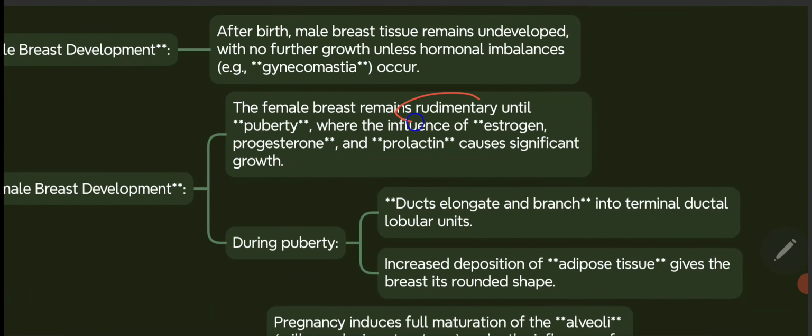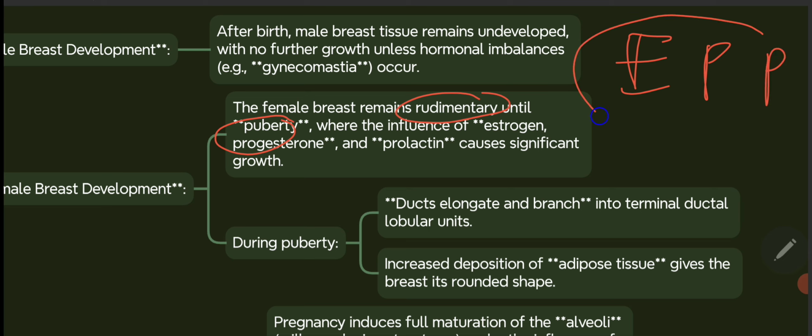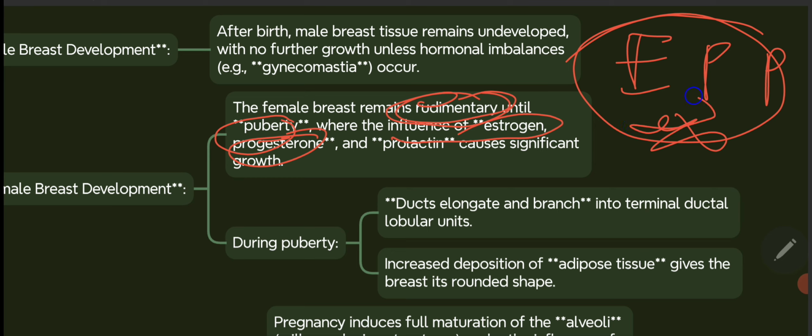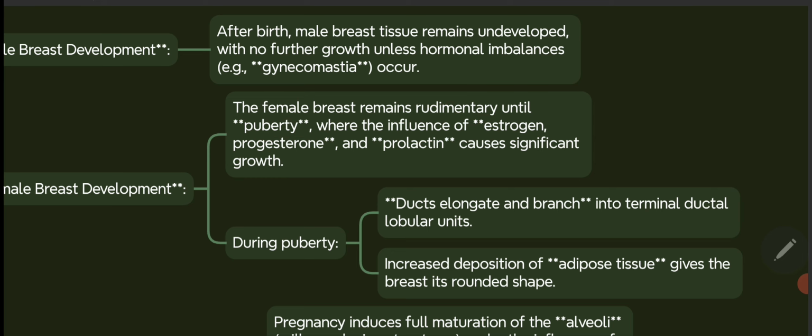It remains rudimentary until puberty, where estrogen, progesterone and prolactin cause significant growth. The female breast remains rudimentary until puberty, where the influence of estrogen, progesterone and prolactin causes significant growth. What happens during puberty?